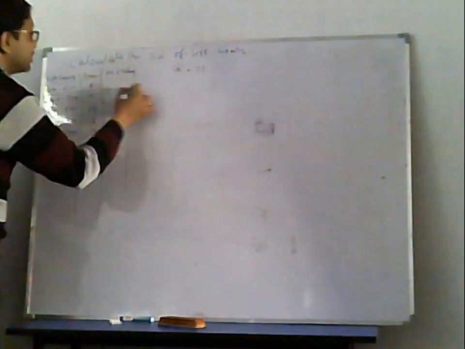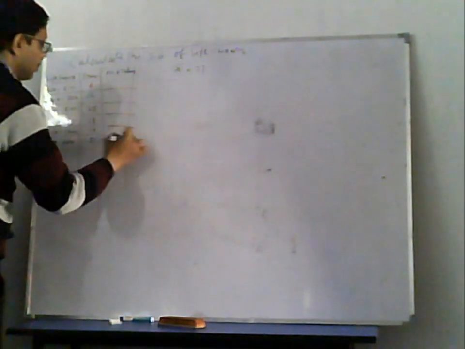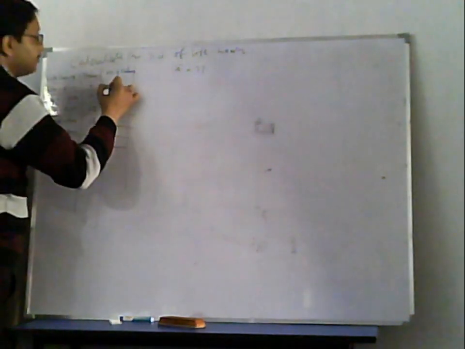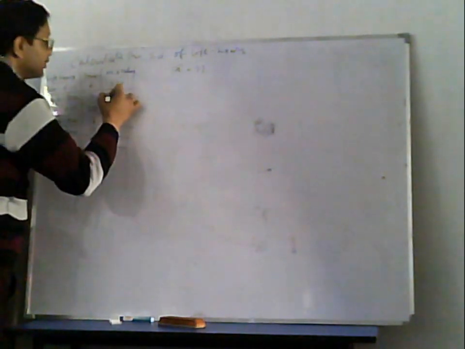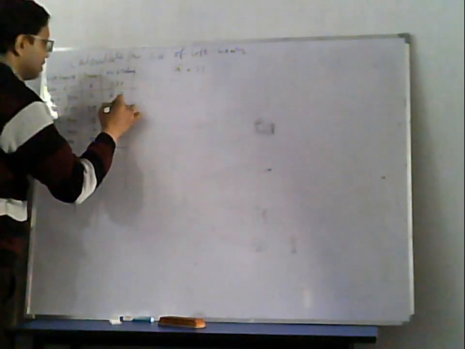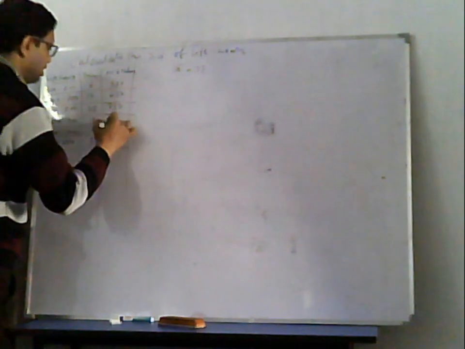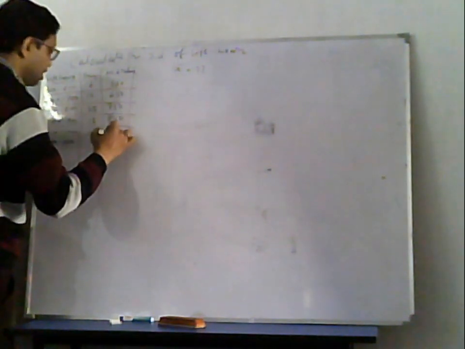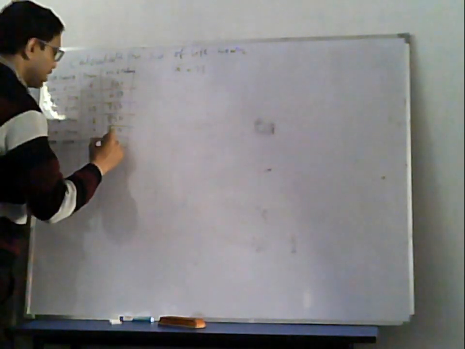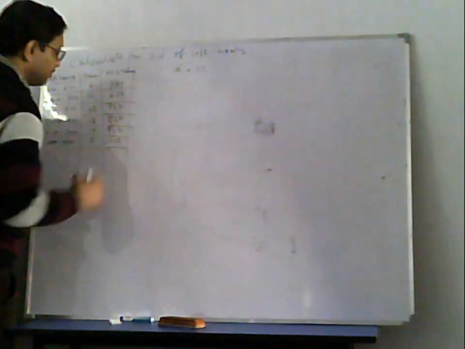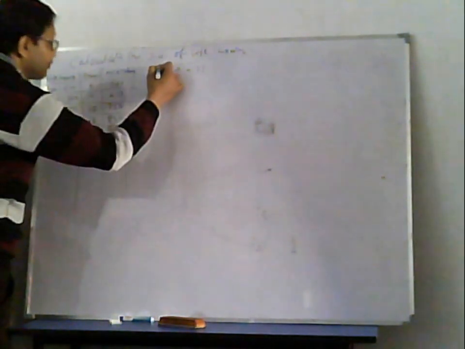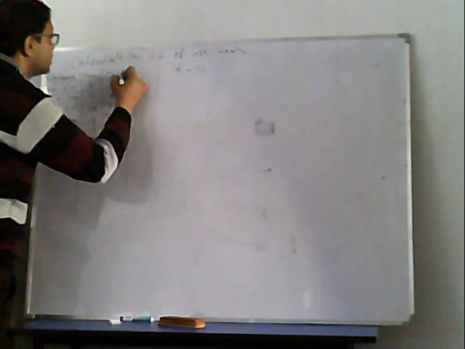Mid value of this. What is the mid value of 500 and 600? 550, 650, 750, 850, 950 and 1050. So this is now our xi and this is fi.